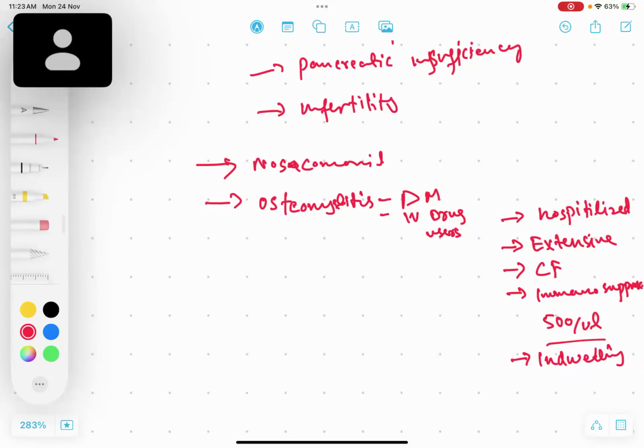So it causes osteomyelitis in people who are IV drug users, since this Pseudomonas can directly go into the blood and spread to the bones, and also in diabetics.